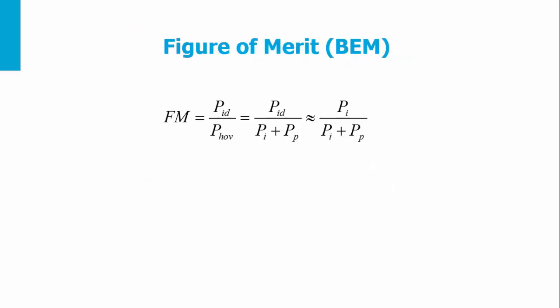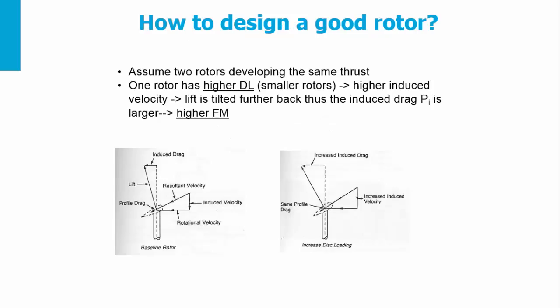The figure of merit can also be calculated in the blade element theory by approximating ideal power with the induced power and writing the total hovering power as induced plus profile power. In this way we obtain the figure of merit in the blade element theory.